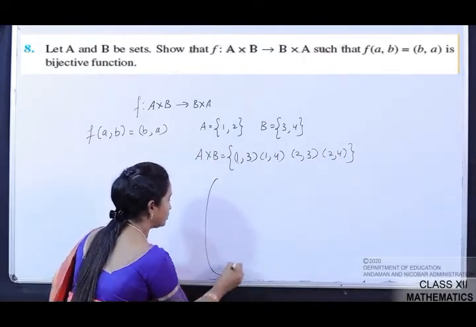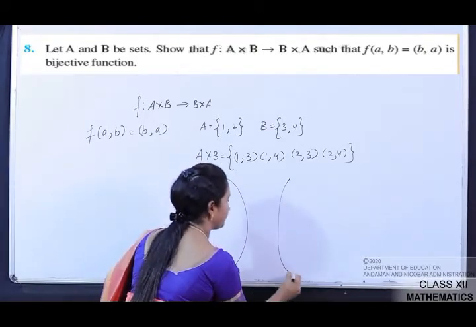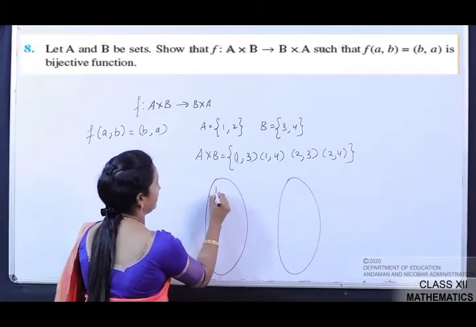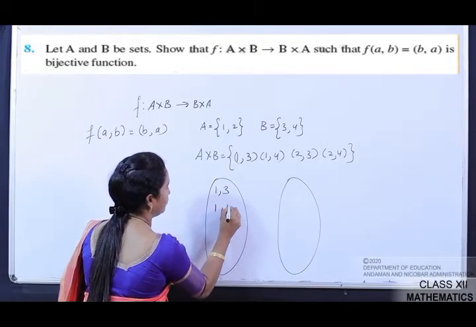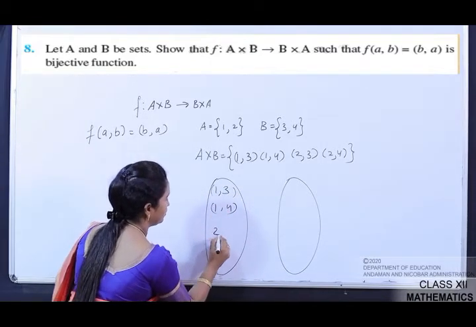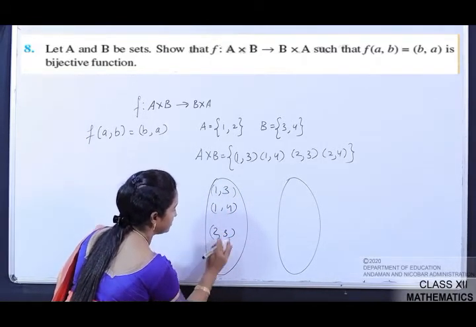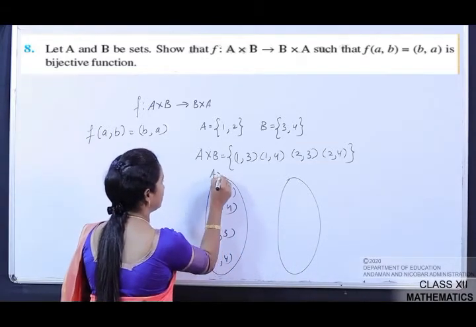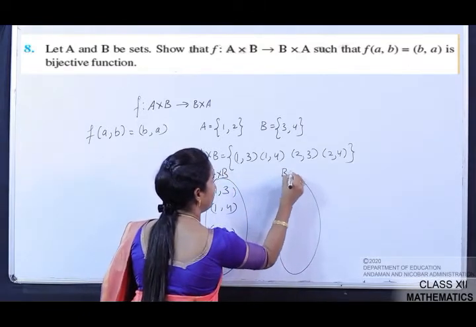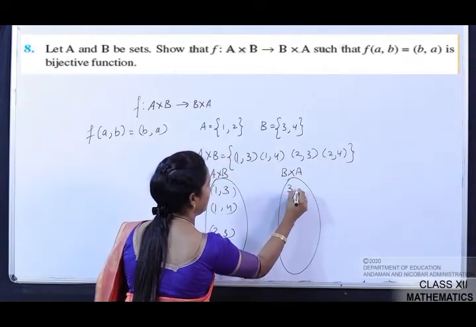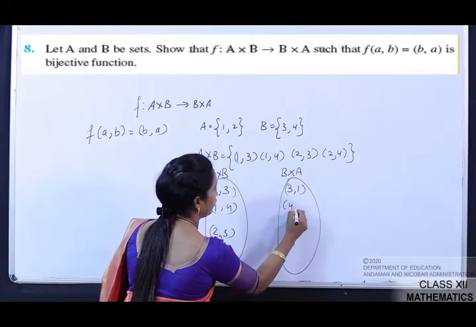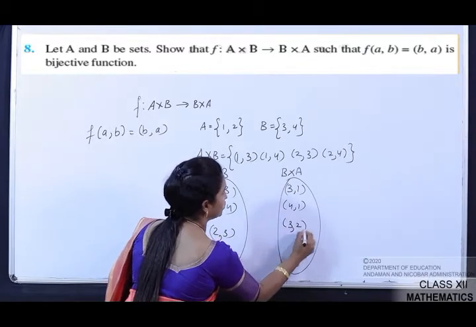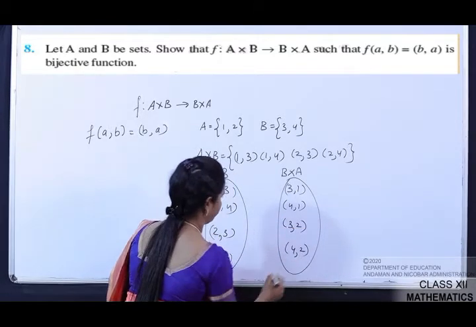So when you take the two sets, 1 3, 1 4, 2 3 and 2 4, here this is A cross B and this set is your B cross A. So here it will be 3 1, 4 1, 3 2, 4 2.